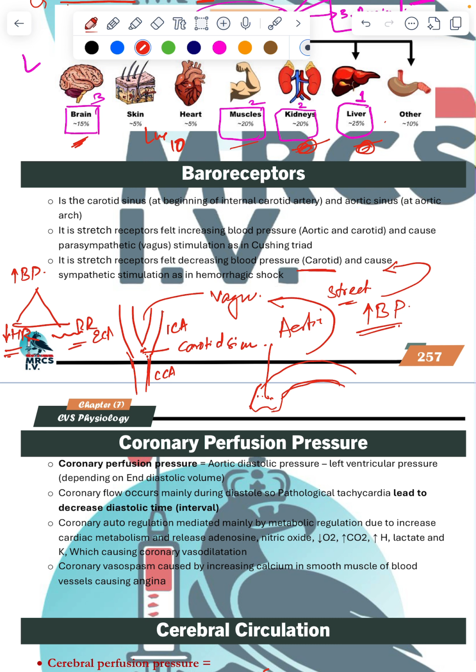So these are the receptors which alter the blood pressure. Whenever blood pressure increases, the heart rate decreases. Whenever blood pressure goes down, it shifts from parasympathetic to sympathetic. Through sympathetic there is vasoconstriction, and through parasympathetic vagus there is vasodilatation and decrease in heart rate.